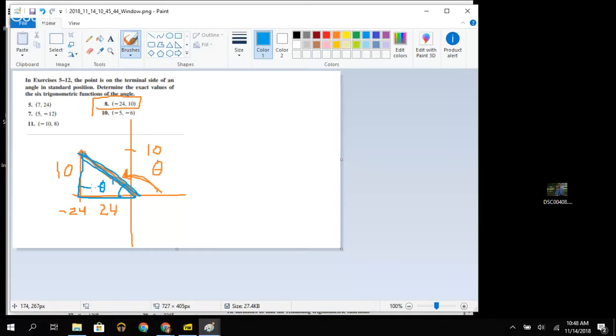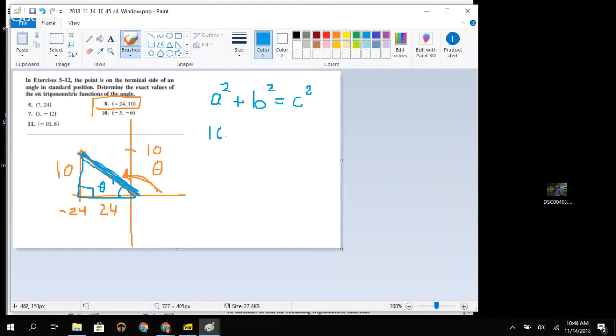This is a right triangle, and our good friend Pythagoras a long time ago taught us that for all right triangles, a squared plus b squared equals c squared. What I'm eventually trying to do is figure out the sine, cosine, tangent, and all those. But I know this is not on a unit circle, so I need to figure out what this side is.